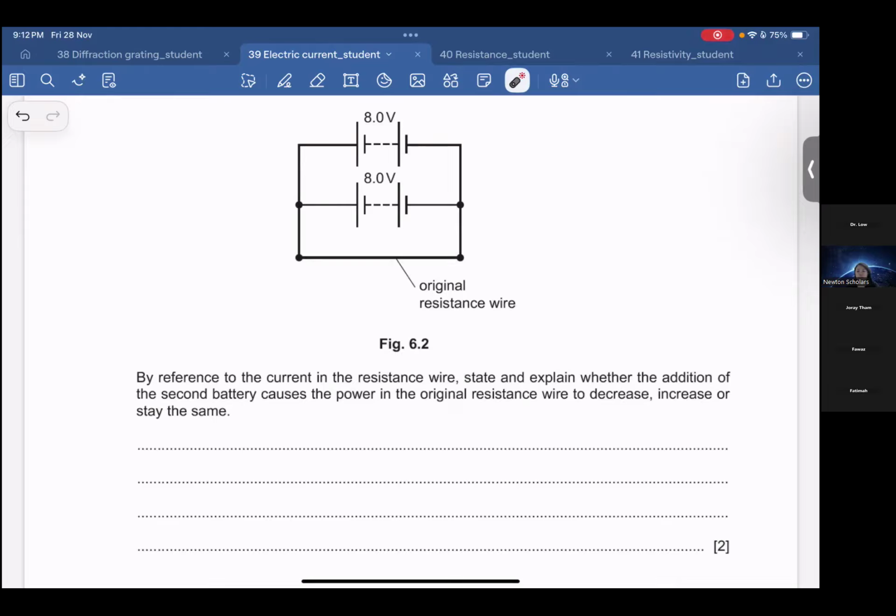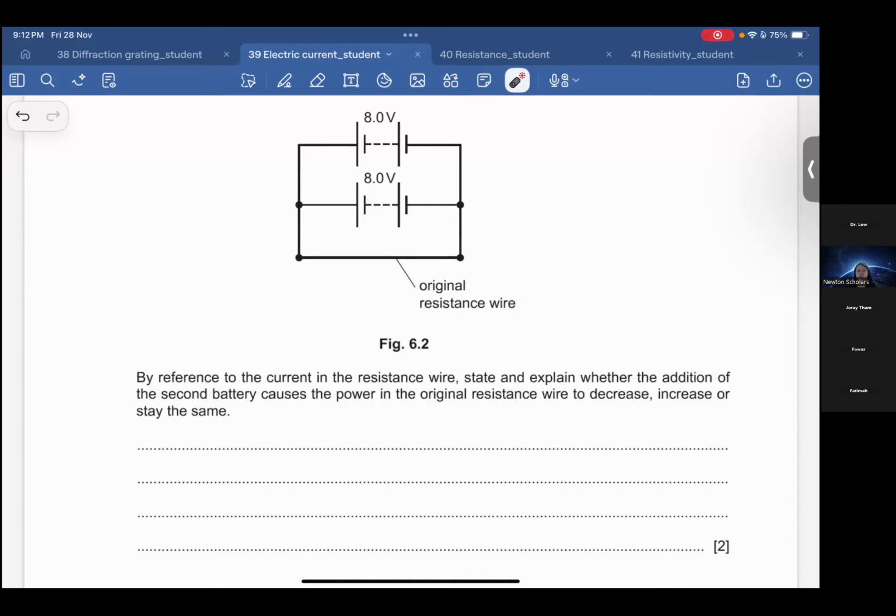None of you got an idea? Vashini correct. Good job. How about others? Ask yourself, when batteries are connected in parallel, what happened to the total voltage provided to the resistance wire?